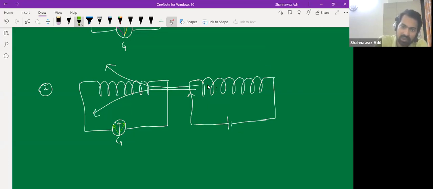So in a similar case, when you move this coil closer to this coil, then EMF will be produced, right? And when you move this coil away again, then the flux will change so that your EMF will be produced. So this galvanometer will show a deflection, right? So that is what I was talking about. Is this clear, Aisha?